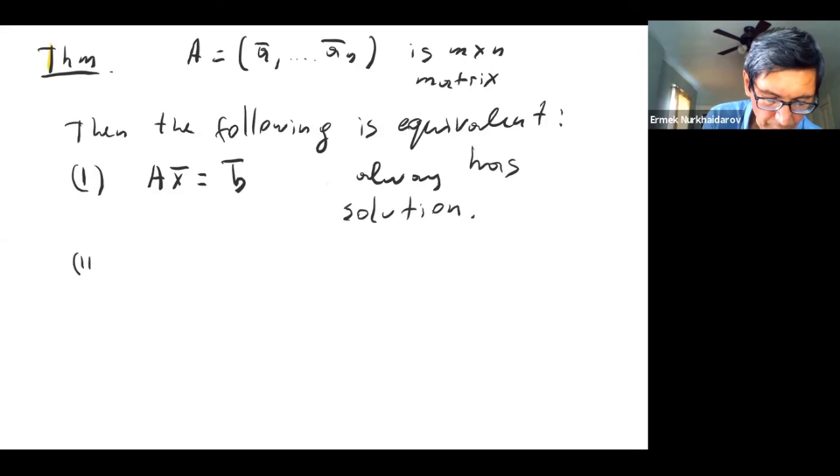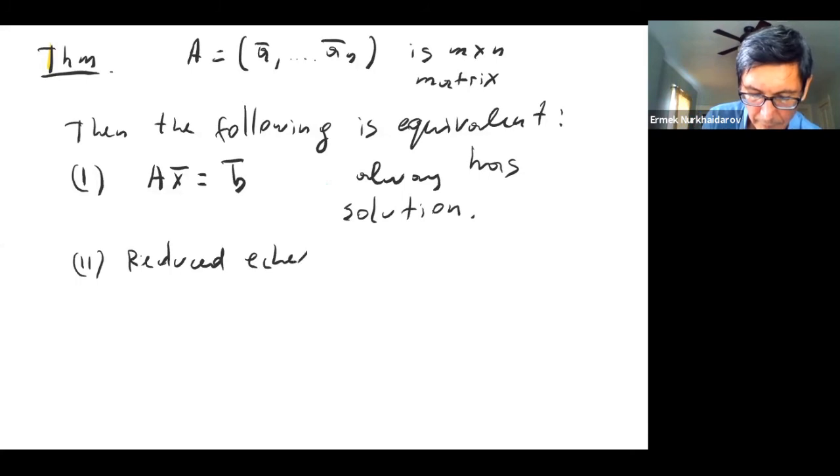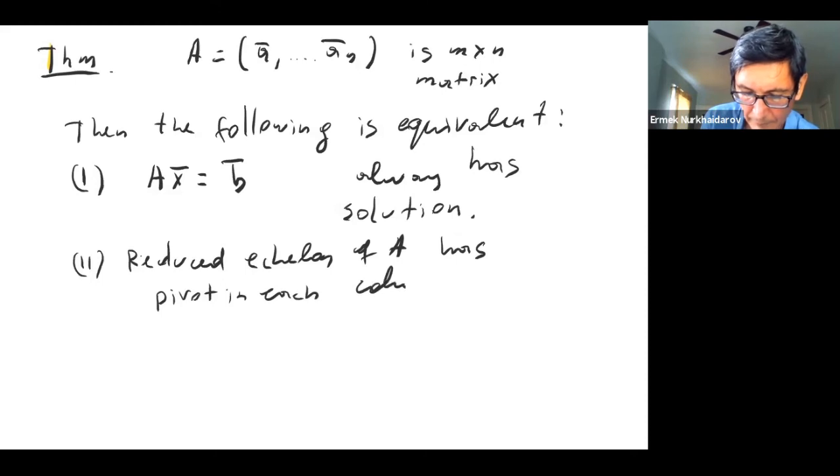Two, the reduced echelon of A has a pivot in each column.